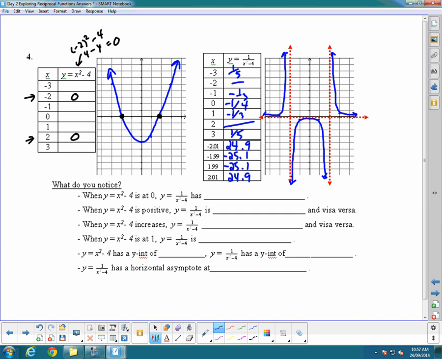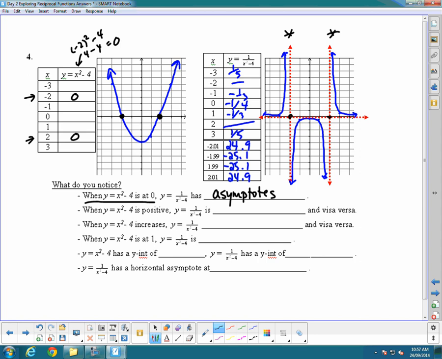Same thing with +2. So these ones, when the original is at 0, guess what happens in the reciprocal? Right there. We end up with an asymptote here and an asymptote here. So we have, in this case, 2 asymptotes. So we haven't seen any graphs that look like this. But it's all based on this idea that if the original crosses through 0, you look at the reciprocal, 1 over 0 is not going to exist.